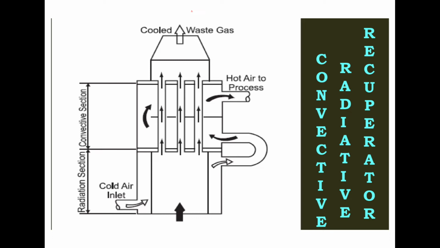Initially the bottom section is the radiation section, where the heat is conveyed through radiation. In the second section, the air is connected with the tubes in order to remove heat from the tube surface directly, so it is also called the convective section. This is the way the recuperator process goes.